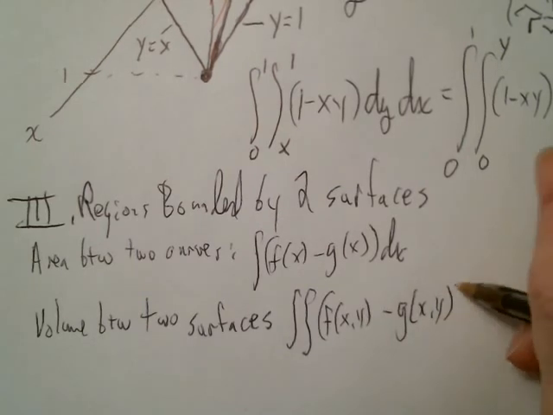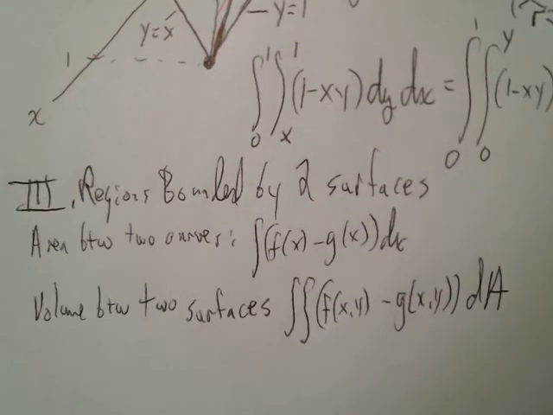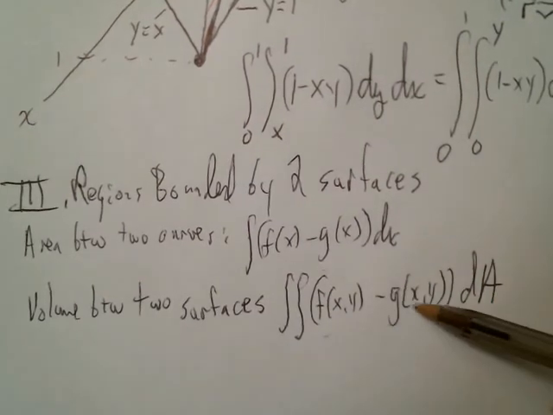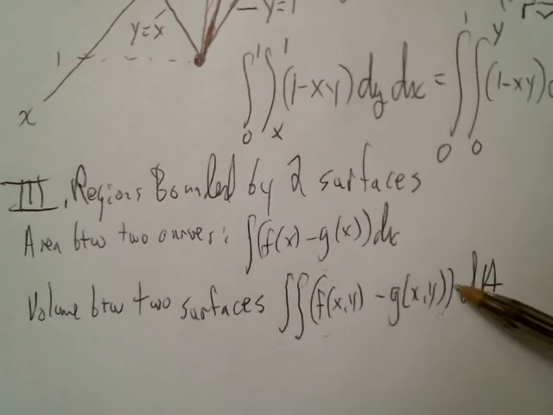And then later we'll see we can convert this into a triple integral, right? Because we could just make this portion another integral from the bottom surface to the top surface.